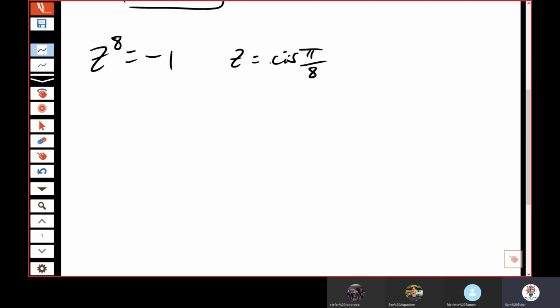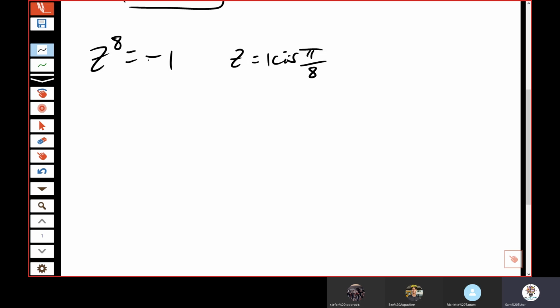The modulus is obviously 1. I don't know if you guys have learned about omegas just yet, because we only did it last week. But there is a nice relationship when you factorize this as well. But we won't get into that. I'll do it the way I think you guys will be okay with, guaranteed.